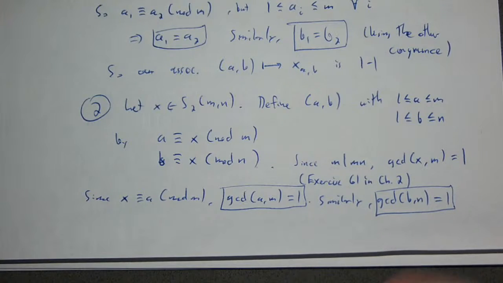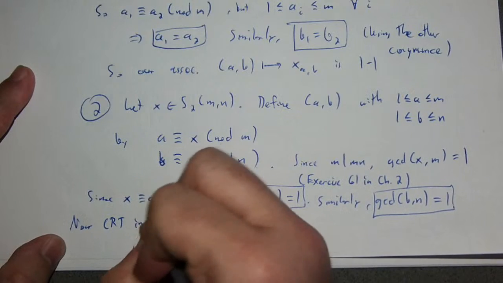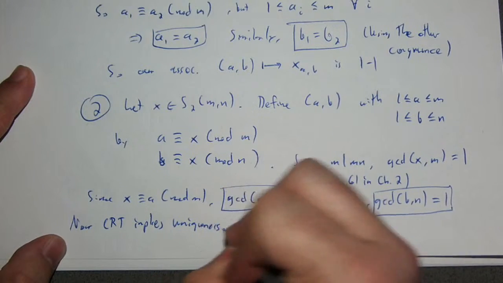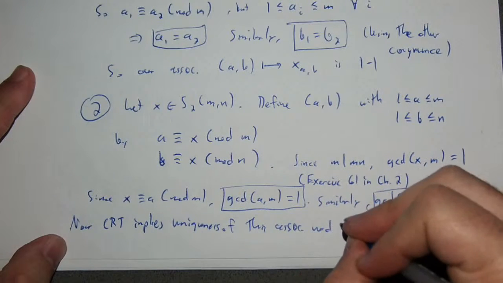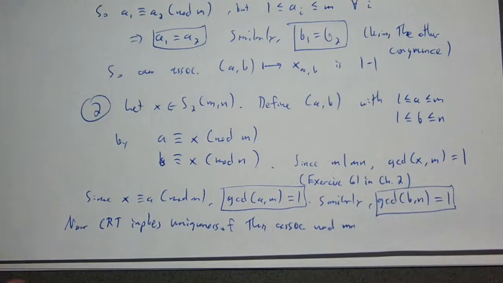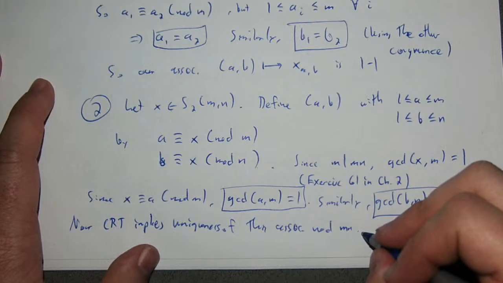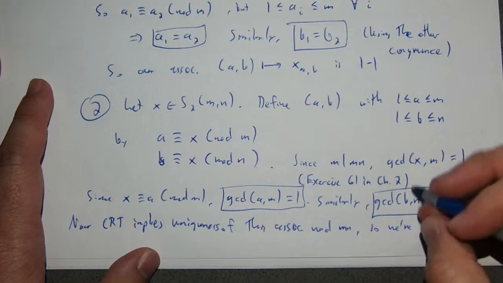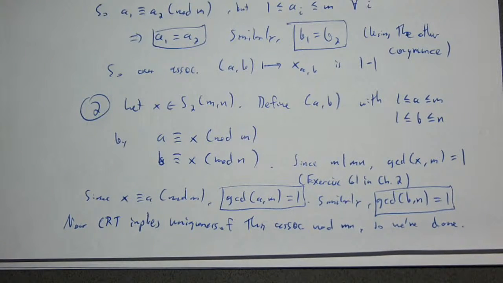Now, CRT implies uniqueness of this association mod mn. So we're done.